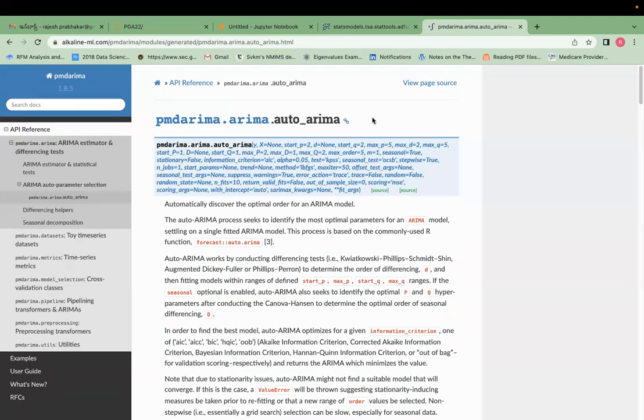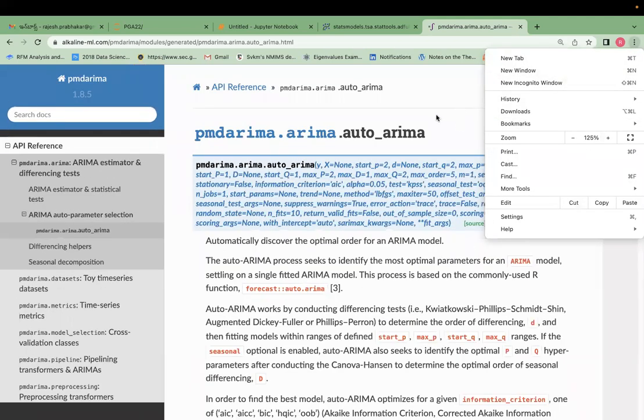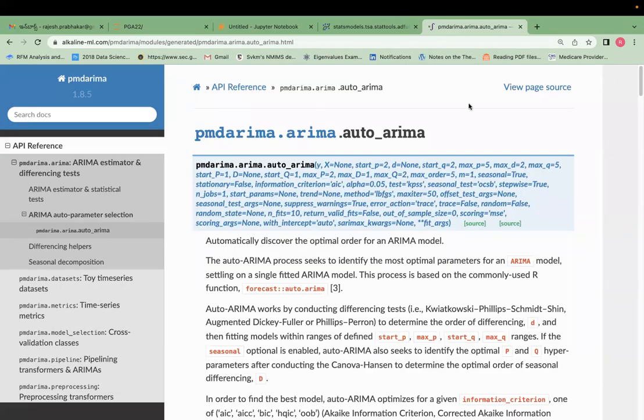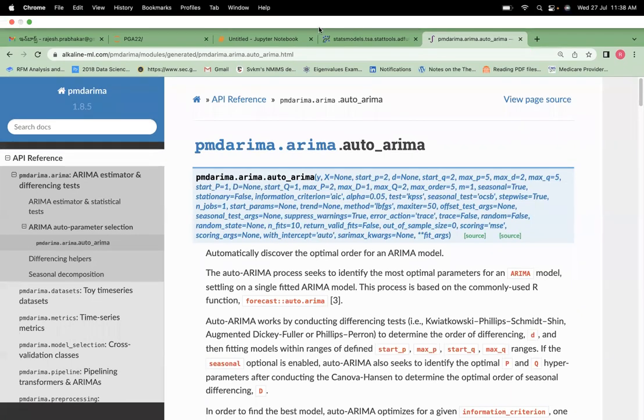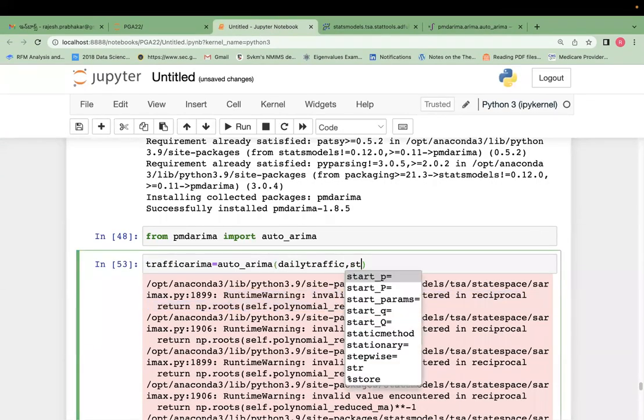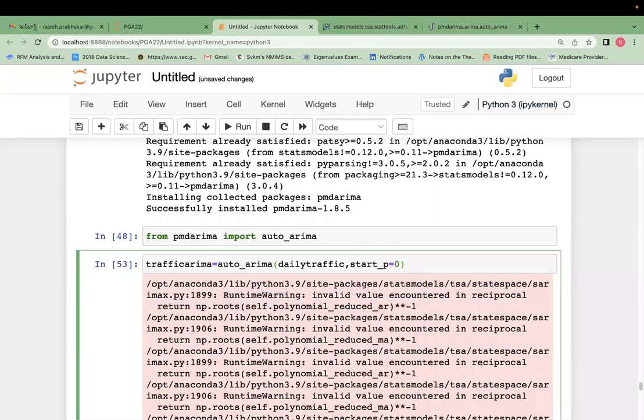So auto_arima is the function, and these are the arguments. start_p is equal to 0, start_q is equal to 0.